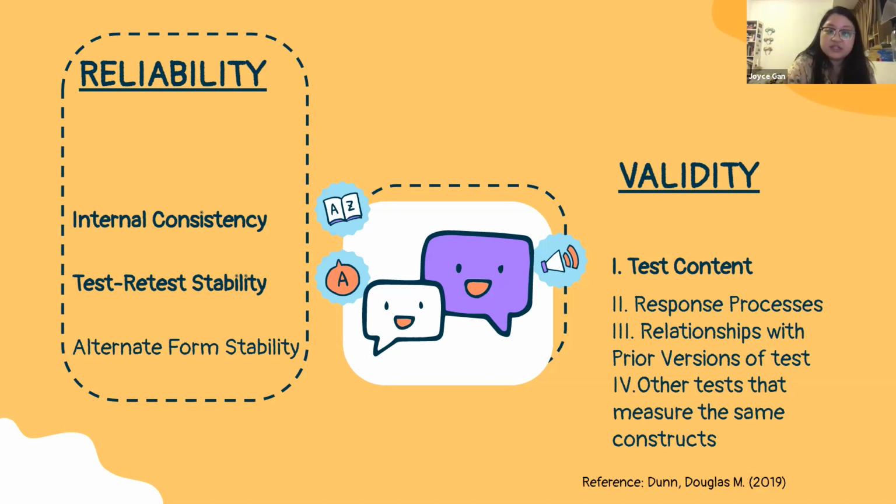The PPVT's validity is demonstrated by providing evidence based on test content, response processes, relationships with prior editions of the test and other tests that measure the same constructs, and on special group studies. But for our presentation, I will be covering the evidence based on test content. So next slide.